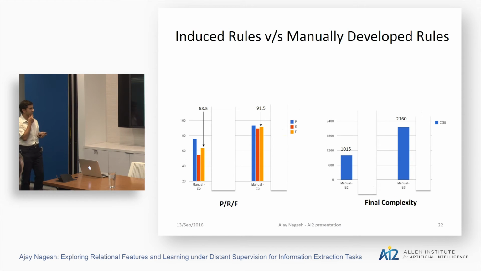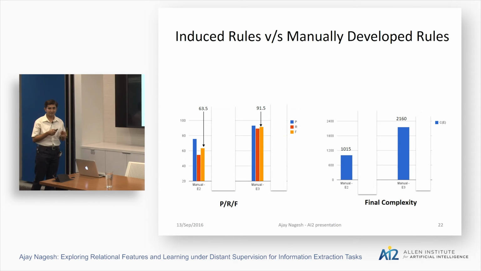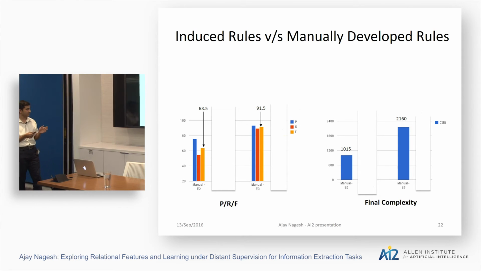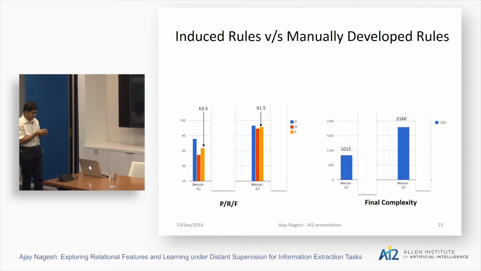Another thing that we looked at is comparison with the manual rules. The E2 setting is exactly the same as in our induction setting. Some of the basic features we actually got from the manual rule set itself. Here it is the domain independent set, then it was customized for this CoNLL domain, and the F score is in the 90s, just like any statistical system.